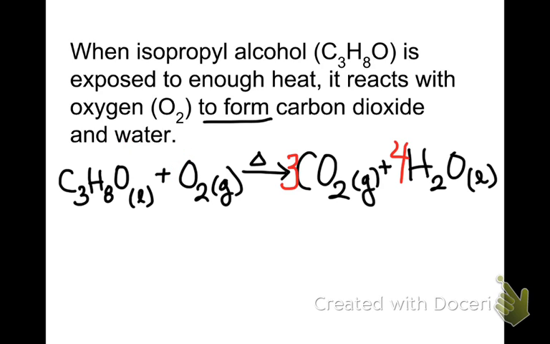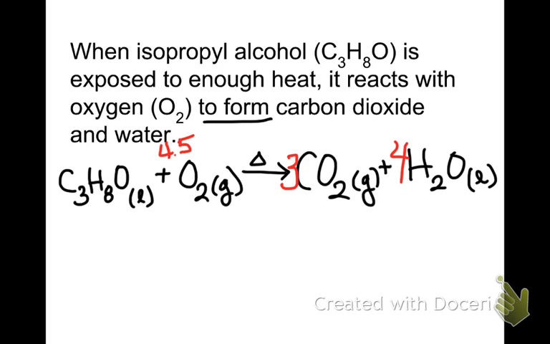What I could do though is I would need 9 oxygens right here. So if I put a 4.5, that would give me 9 here plus 1 more, which would be 10. So it would be balanced, but I can't really have 4.5.